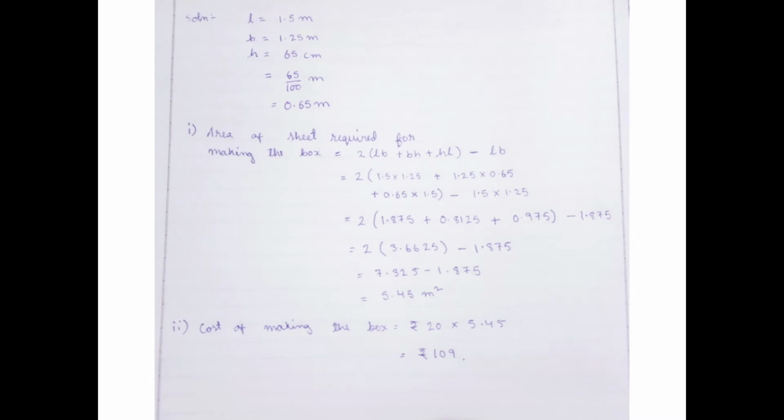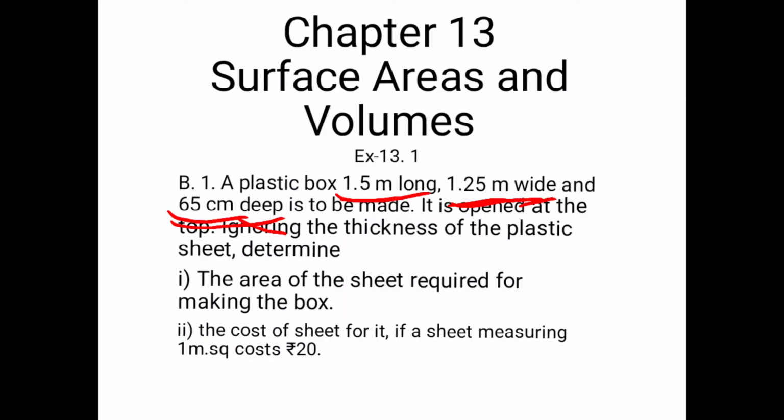Now let's do sub question 1. Area of sheet required for making the box, and for this we need to find the surface area of the cuboid, minus, here in the question it is given, it is open at the top, right?